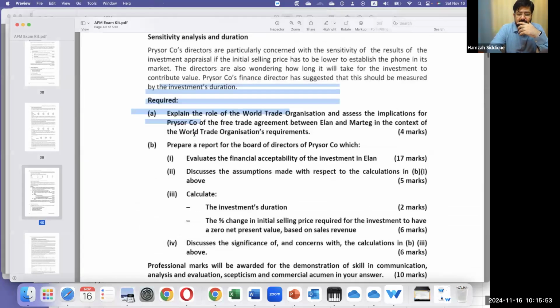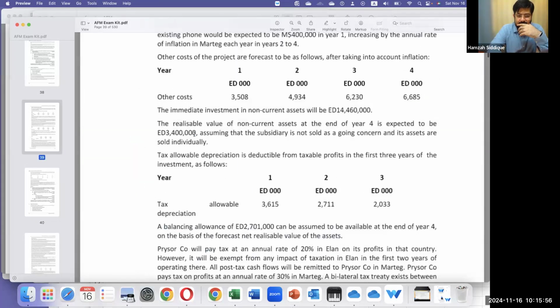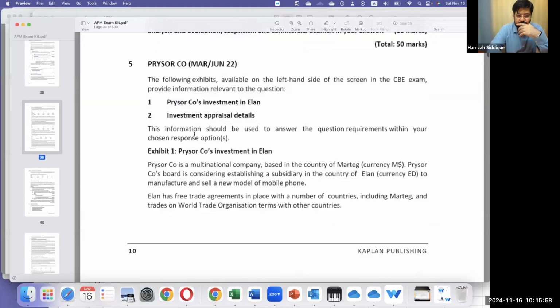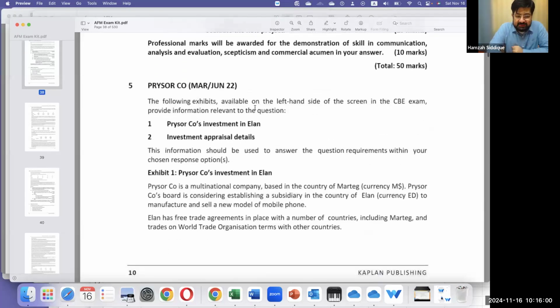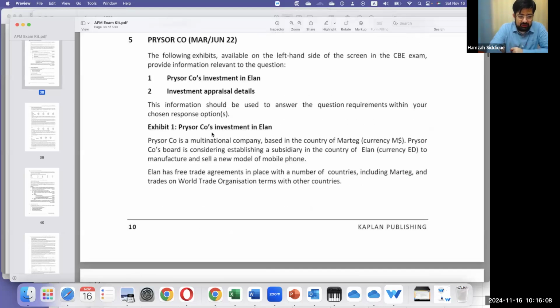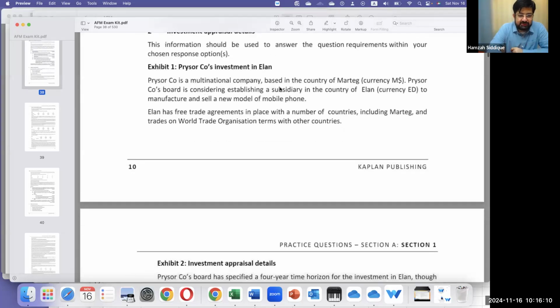So let us now start reading the scenario. The following exhibits available on the left-hand side of the screen provide information related to the question. Okay, Prysor is a multinational company based in the country of Malteg. The company is considering establishing a subsidiary in the country of Elan to manufacture and sell a new model of mobile phone.